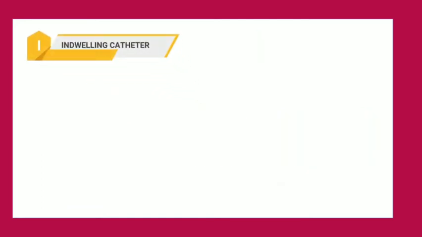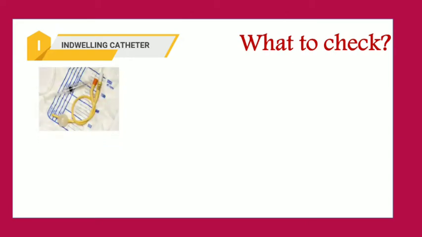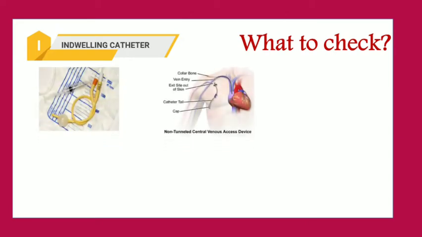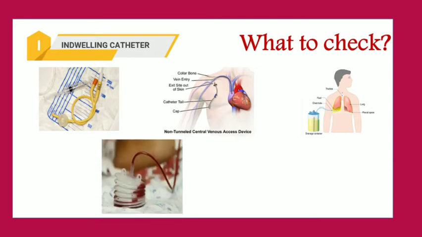Next one is indwelling catheter. Catheters are commonly used in critically ill patients. They are used for diagnostic, monitoring as well as therapeutic purposes. Commonly used ones are vascular catheters like central venous catheter, dialysis catheter and arterial catheters.